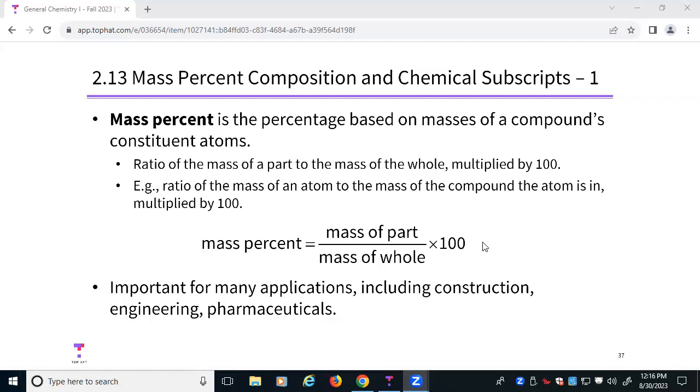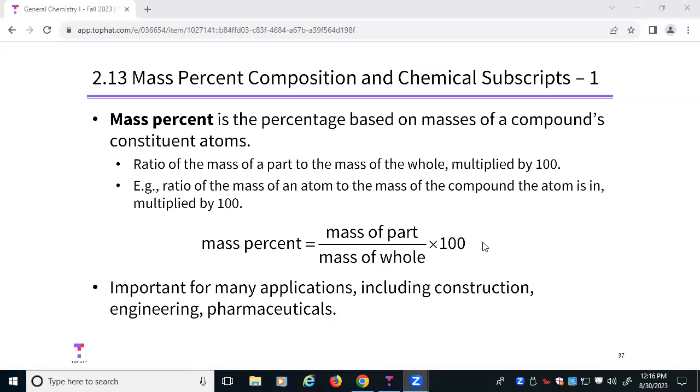Well, that mass of copper divided by the mass of the product times 100% gives you the mass percent of copper in your compound. And for that lab, we're using that as a way to evaluate our percent error. How good was our experiment? How good were we at actually determining the correct formula for the substance that we were making?